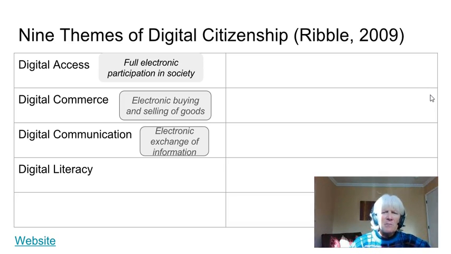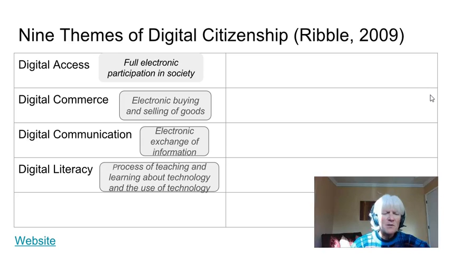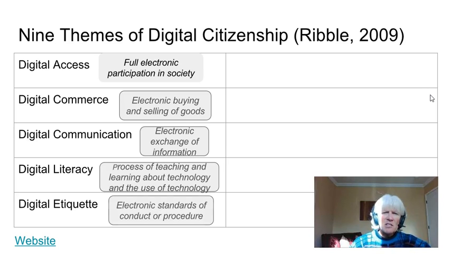So then the second set of 3 topics that Ribble defines: one is digital literacy, and that is one of the Common Sense Media topics as well. That's the process of teaching and learning about technology and the use of technology. Digital etiquette is another one of his topics, and that is basically the examination of conduct online and procedures online.